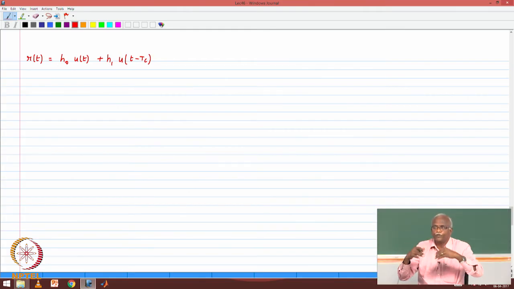So R of T, we have said, consists of L+1 components of the signal. It is H0 of U of T, that's the one without delay, plus H1 U of T minus TC. And the reason it is TC and not some arbitrary tau is because you have taken an equivalent chip spaced channel model.